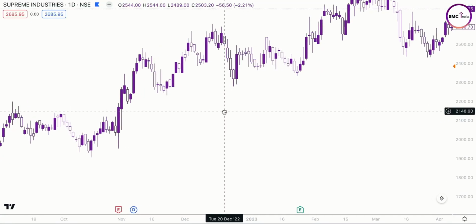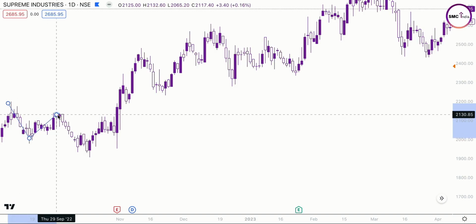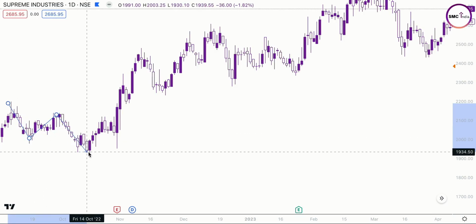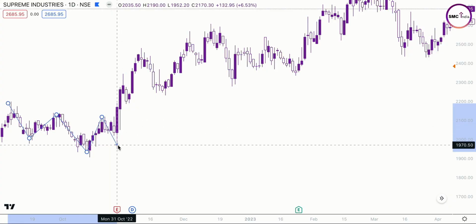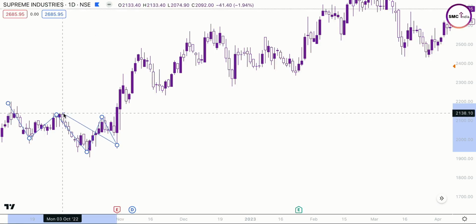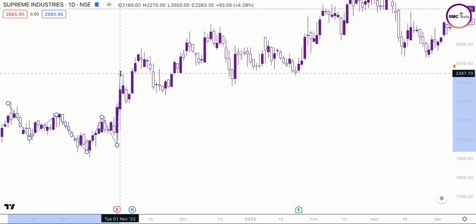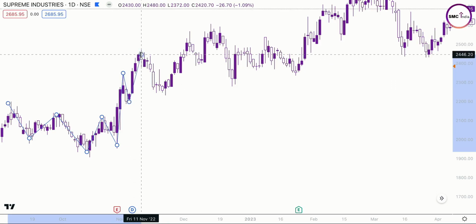Moving on to the charts. Here you could see that the market creates a structure here. This is the high, this is the low, and suddenly this is another low. The market breaks this high, and this high, three highs, creating another low, and then breaks this high.